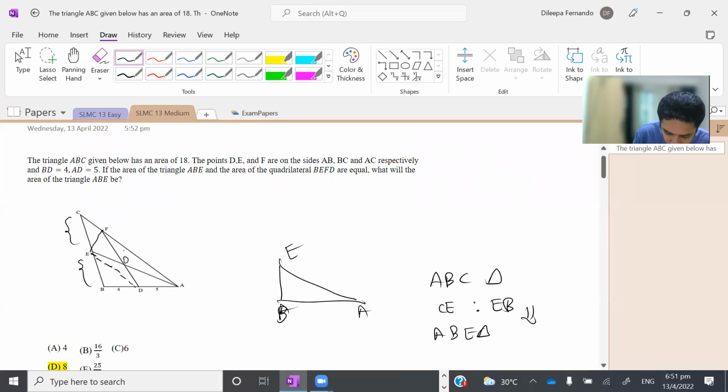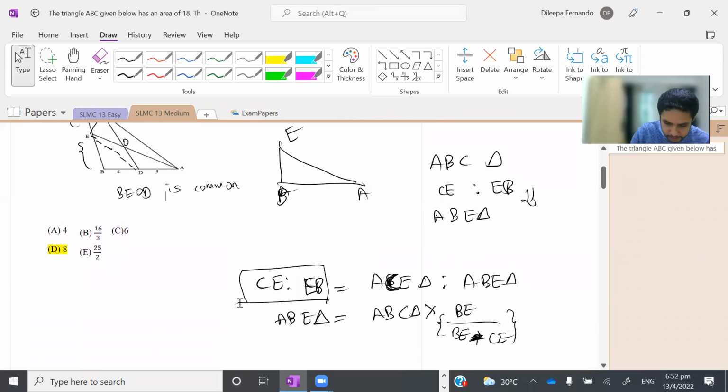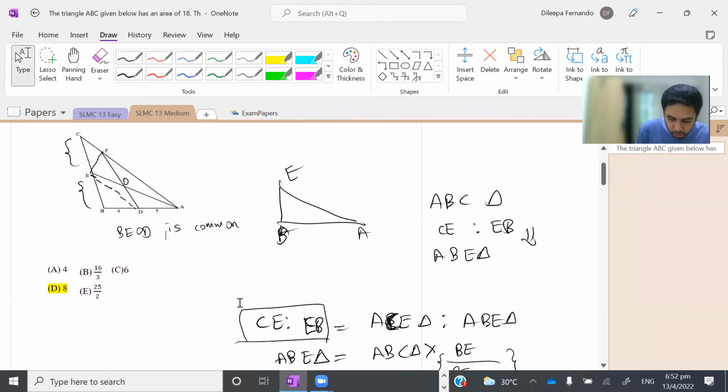Let's call this O. So BEOD is common. When we remove the common part, we can see that OFE area equals ODA area.